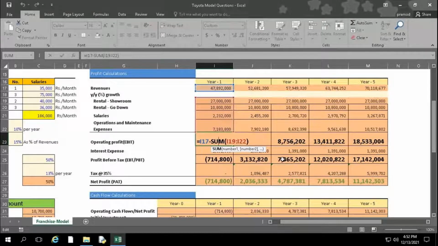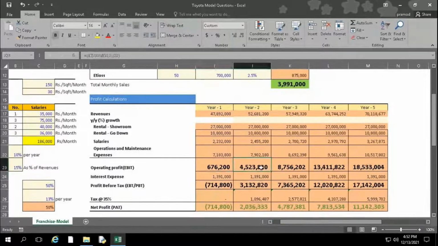4 crore 74,000, 47 lakhs 47. See properly if the values are all matching.